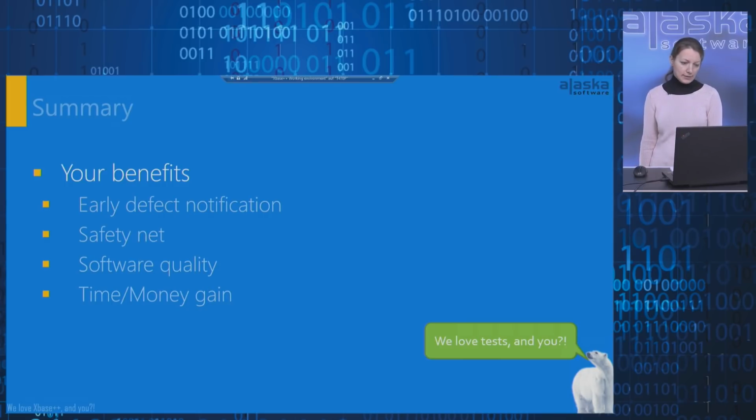And safety net. Tests provide a safety net for code changes because they increase your chance of quickly detecting defects inserted during their modifications. The effectiveness of the safety net is determined by how completely your tests verify the behavior of the application.